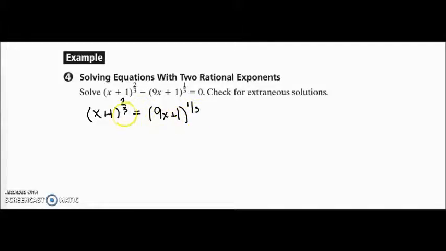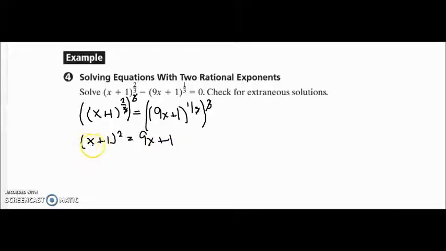That's essentially what that denominator is, remember, by cubing both sides. That gets rid of that 3. That gets rid of that 3. So we end up with x plus 1 squared is equal to 9x plus 1.